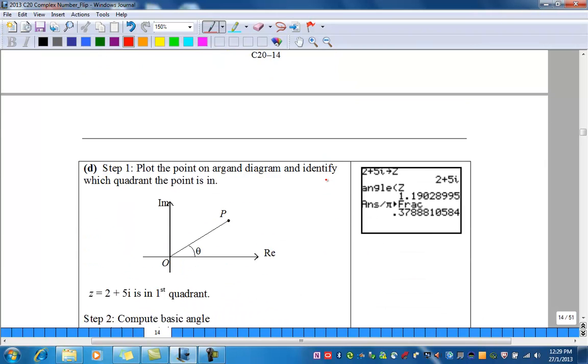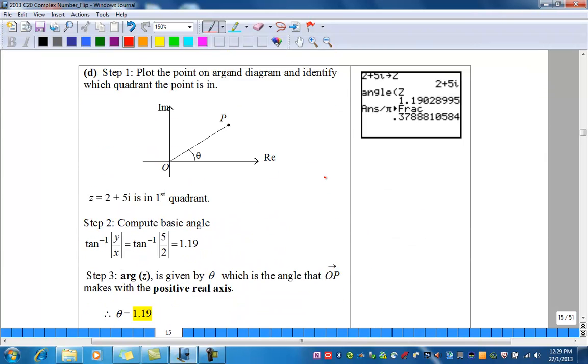D. z is equal to 2 plus 5i. It is in the first quadrant. The basic angle will be tan inverse y over x, which is tan inverse 5 over 2, and will give you a value of 1.19.